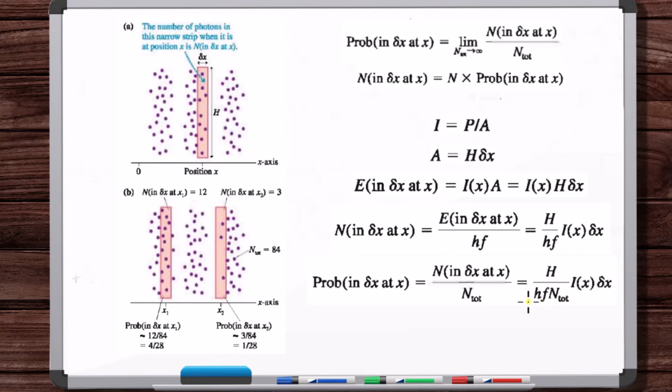This can just get wrapped up in the proportionality constant because, again, the intensity is proportional to the square of the amplitude function. So we can say this: the probability of finding a photon in a strip with width delta X at position X is proportional to the amplitude function squared, times the width of the strips. Okay, so there you go.